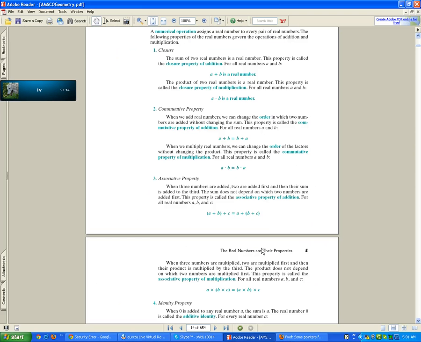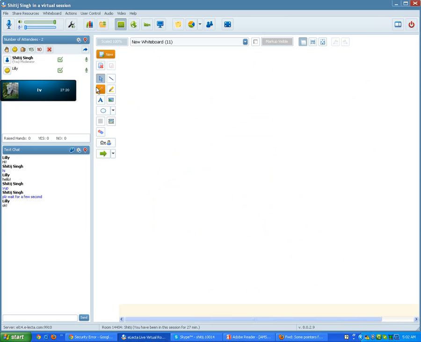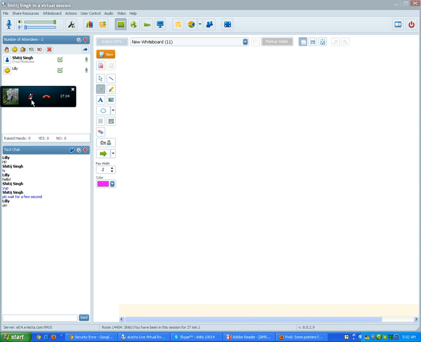Now the next is the commutative property. You will tell. Randomly choose two numbers and try to explain.